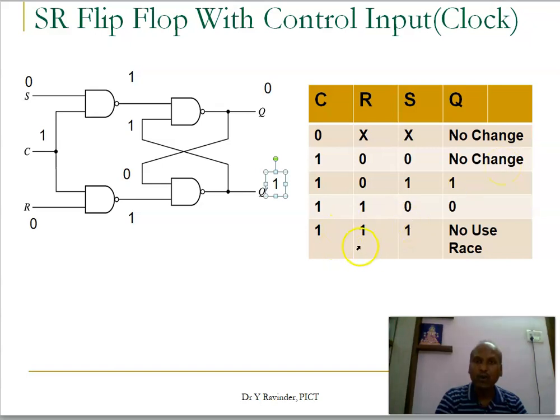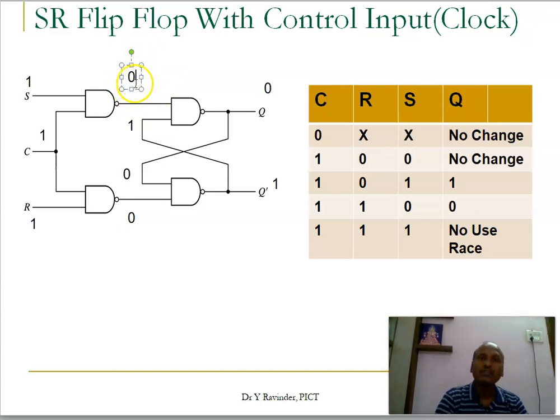But when both are 1s, if this is 1 and this is 1, see 1 and 1, 1. So this will be 0 because both the inputs are 1s. This also 0.